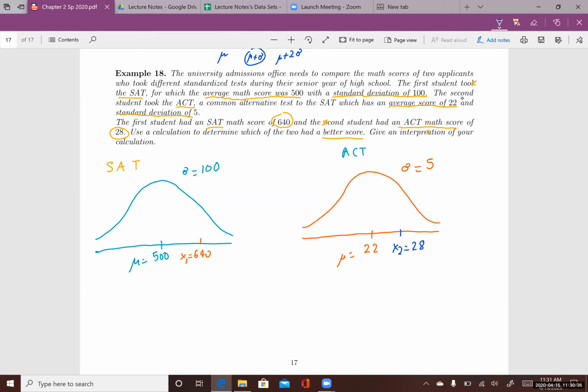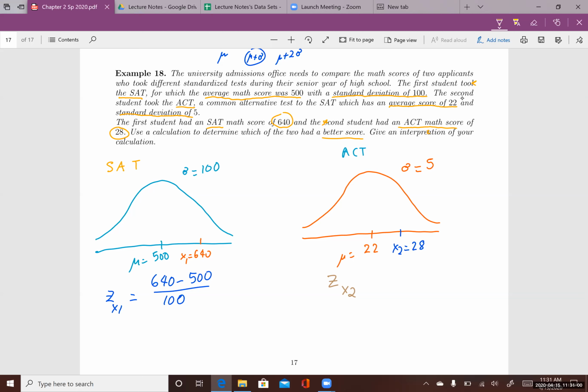Okay, so in order to find the z-score for x1, I take the value x1 minus the mean, which is 500, divided by the standard deviation. Similarly, I'm going to find the z-score of x2 within its distribution, because between SAT and ACT you have two distributions.